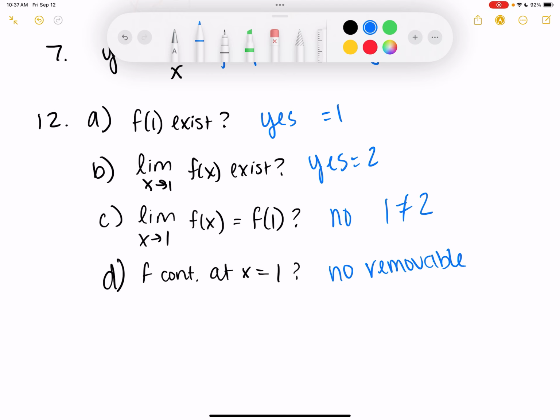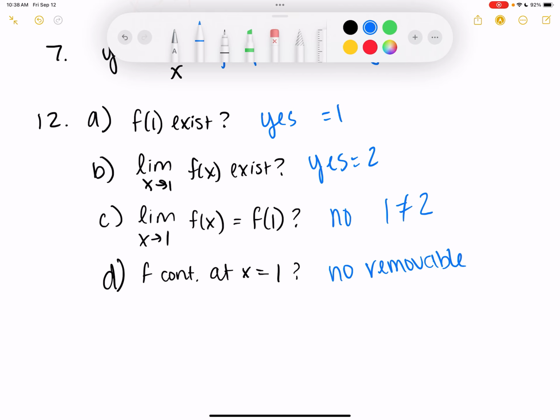Like we've already established at x equals 1, there's a discontinuity that's removable. The other one, at x equals 0, is a jump discontinuity because the graph is broken there. And at 2 and 3, it would also be removable.